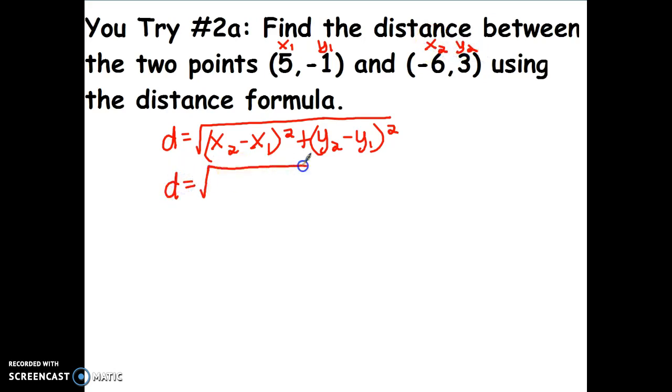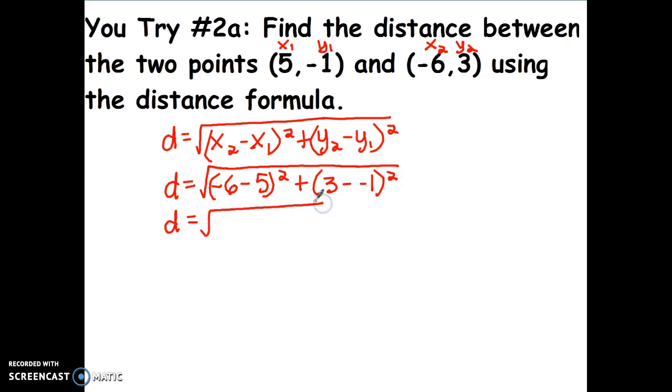Plug your values in. X2 is -6 minus X1, which is 5. Y2 is 3 minus Y1, which is -1. All right, simplify your parentheses. This gives us -11 squared. This gives us 4 squared.